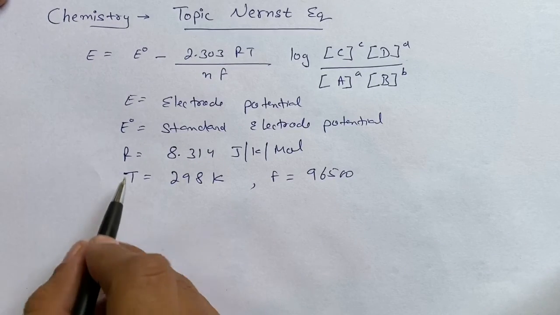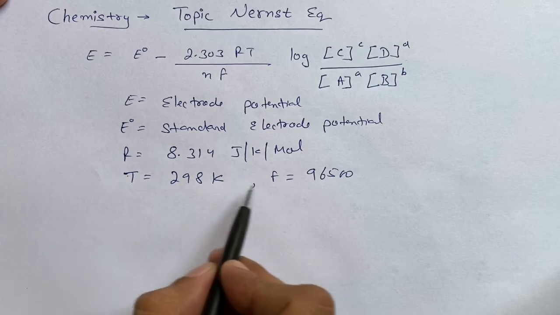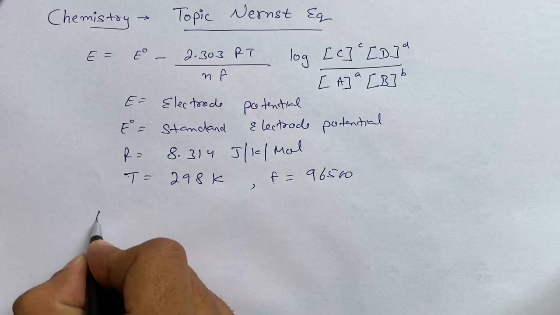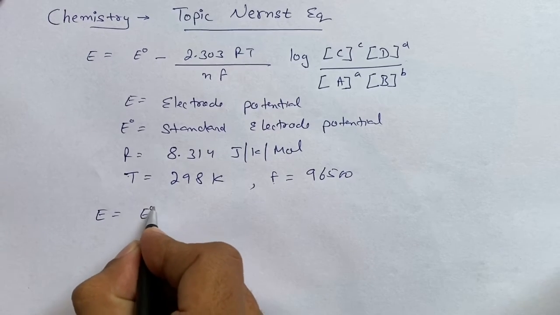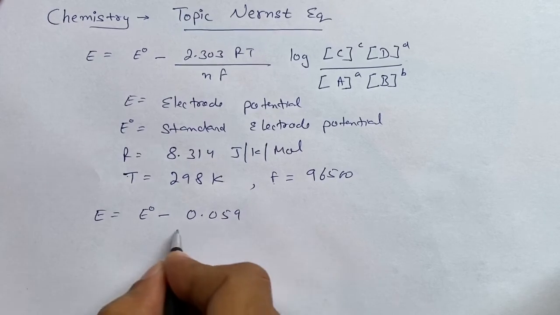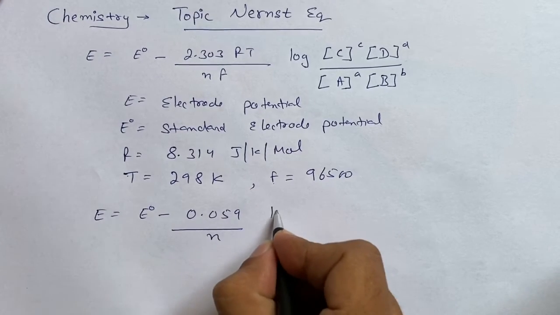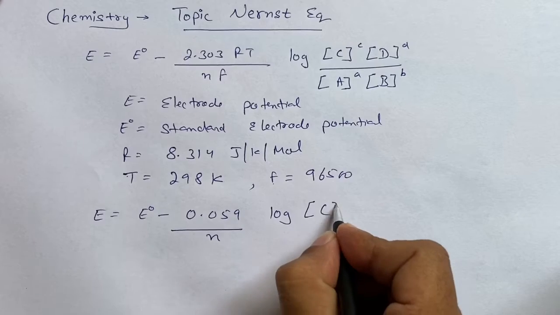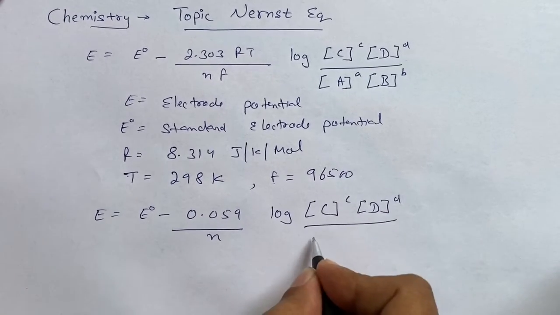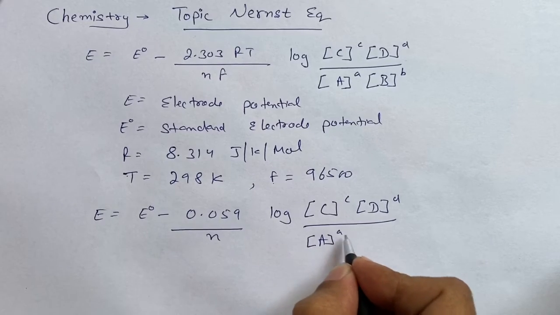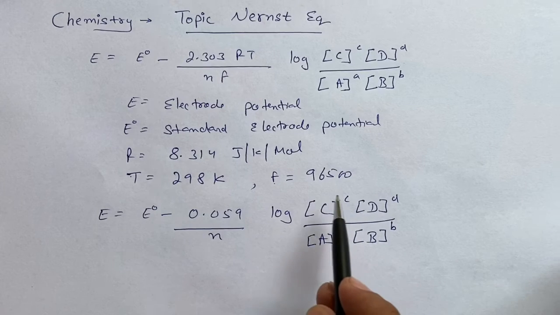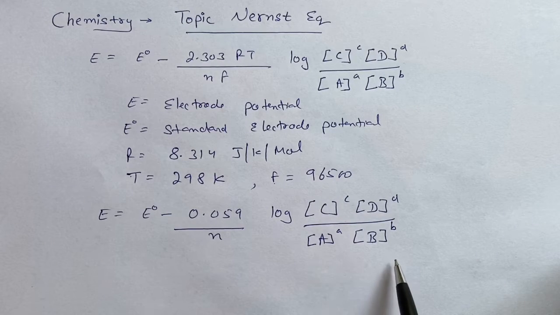Now, if we put the values of R, T and F in the above equation, we get E equals E naught minus 0.059 divided by n log [C]^c [D]^d divided by [A]^a [B]^b.